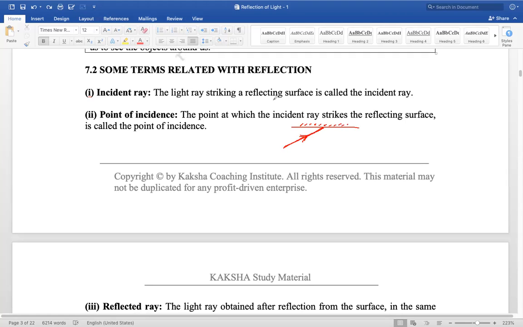So light ray striking a reflecting surface is called incident ray. ये हो गया हमारा incident ray. ठीक है, जिस पॉइंट पे ये जाके स्ट्राइक कर रहा है, this point is point of incidence.